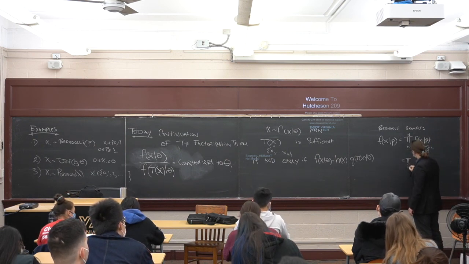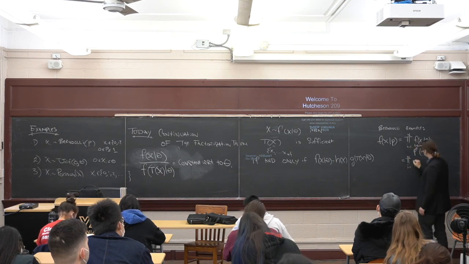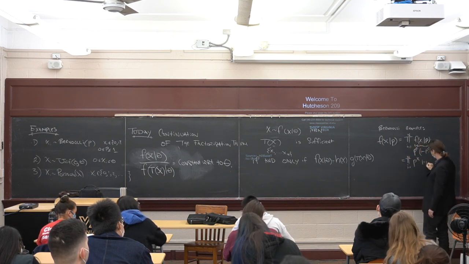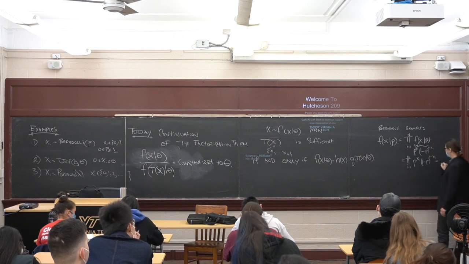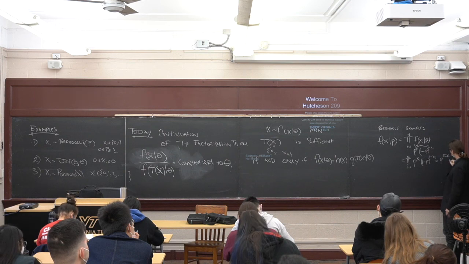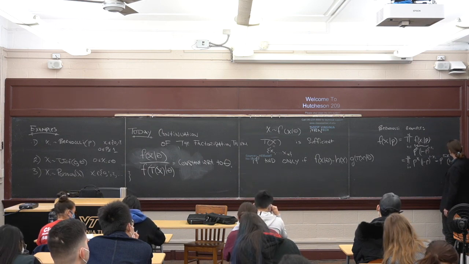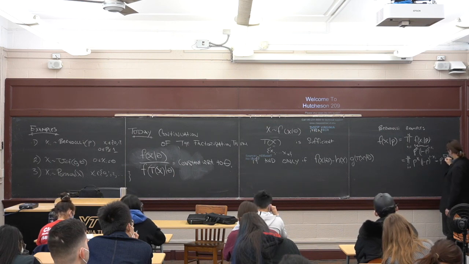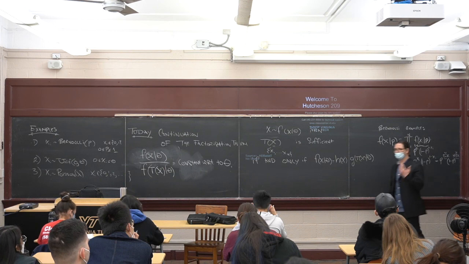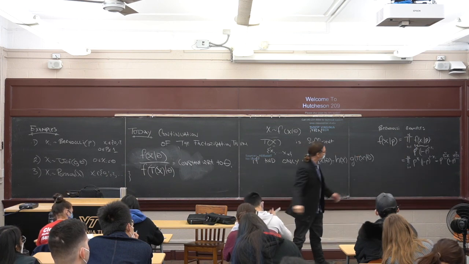Product i goes from 1 to n, p to the xi, 1 minus p to the 1 minus xi. And I can simplify this and write it down like this. p to the sum of the xi's, 1 minus p to the n minus sum of the xi's. So that's just a joint Bernoulli distribution.